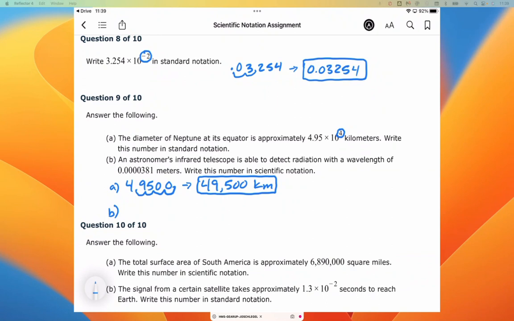To only have one number in front of the decimal, we would need to move 1, 2, 3, 4, 5 spots. And so we would have 3.81 times 10 to the 5. And we can think, should that 5 be positive or negative? That number is less than 1, so that 5 should be negative. So 3.81 times 10 to the negative 5 meters is what we would have for part B.